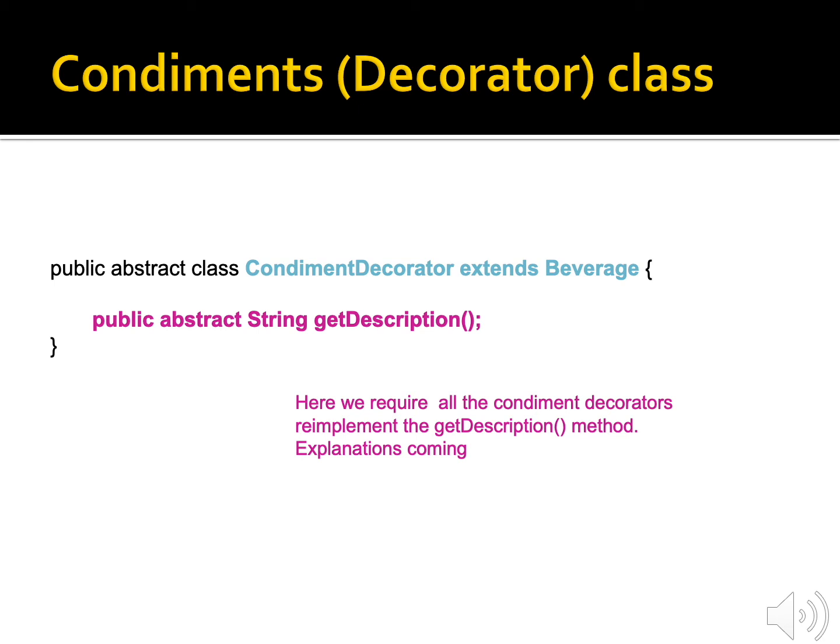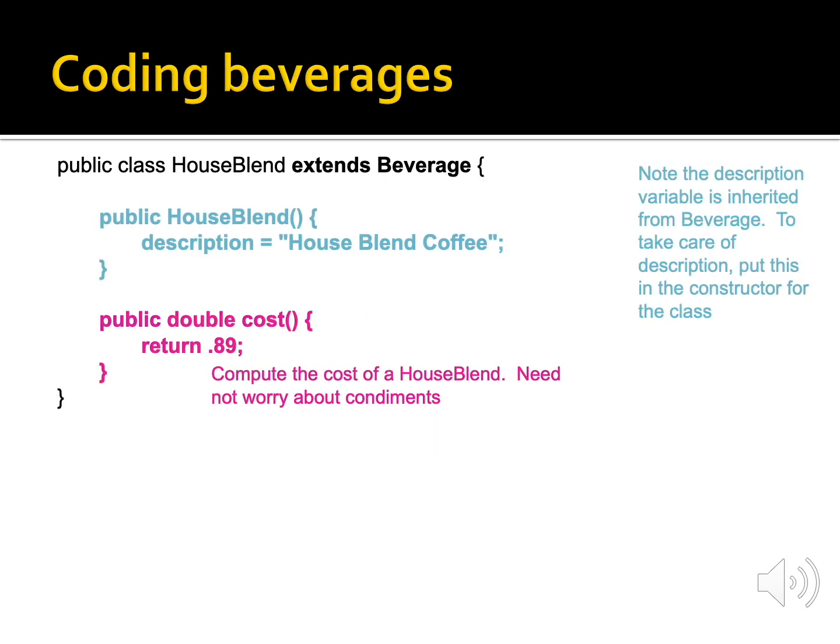So the condiment decorator is extending the beverage class. And now there is the default behavior of condiments. We can see there is no actual implementation, but it is showing the default behavior of the decorator.